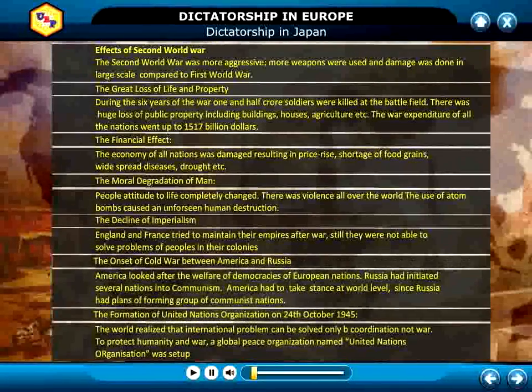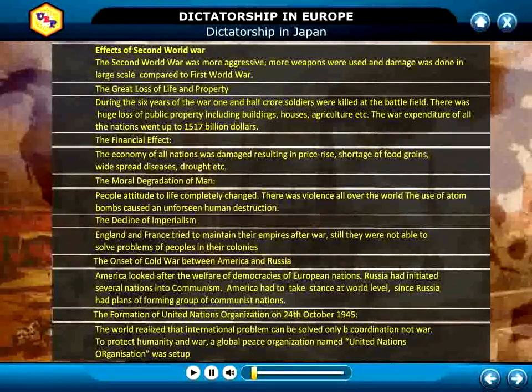Effects of Second World War. The Second World War was more aggressive; more weapons were used and damage was done on a larger scale compared to the First World War. The great loss of life and property: during the 6 years of the war, 1.5 crore soldiers were killed at the battlefield.